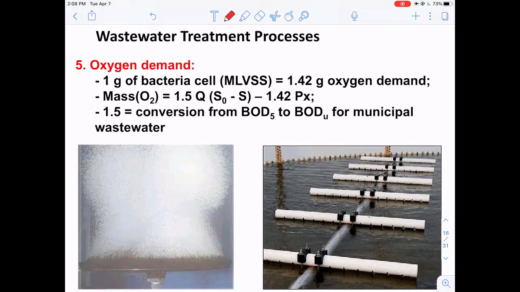So we also need to consider the oxygen demand during the activated sludge process. We mentioned earlier in the definition of the BOD, which is biochemical oxygen demand, that the BOD is always lower than the theoretical oxygen demand, right? This is mainly because a fraction of the organics are actually converted to the bacteria mass itself.